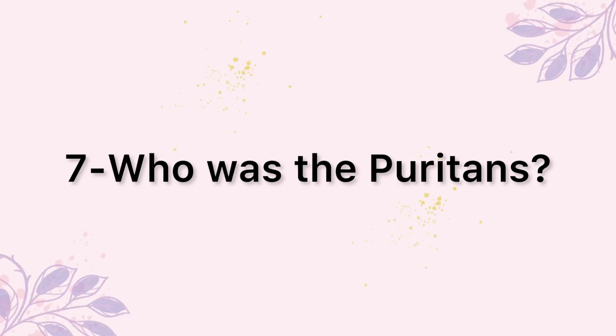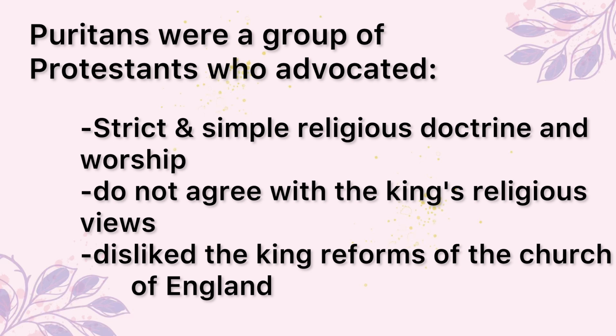Puritans were a group of Protestants who advocated a strict and simple religious doctrine and worship. They did not agree with the king's religious views and disliked the king's reforms of the Church of England.